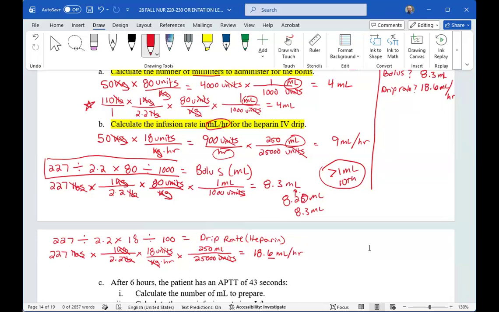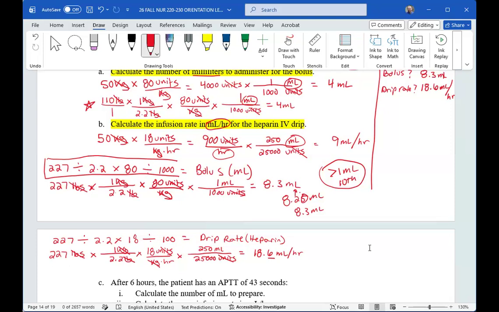I have a question. Go ahead. Sorry. Every time I'm trying to calculate the infusion rate, I'm not getting 18.6. I'm getting 1.85. I'm not sure what I'm doing wrong. Walk me through the numbers you're putting into your calculator. I'm writing it the long way so I can at least understand it.